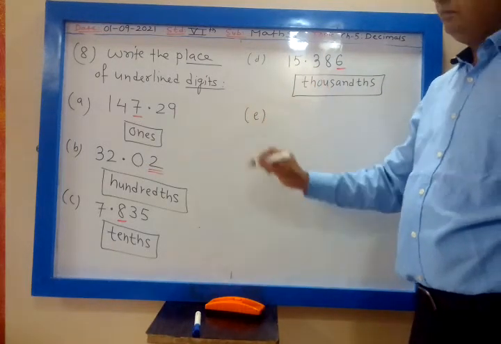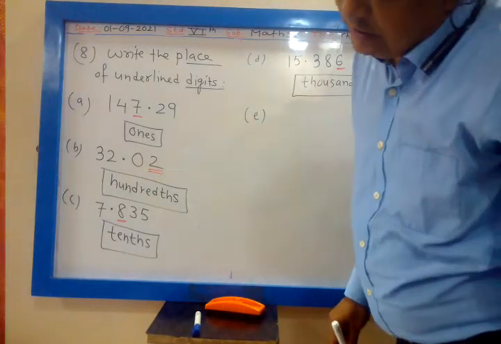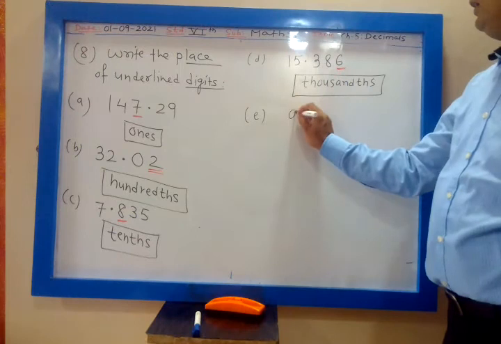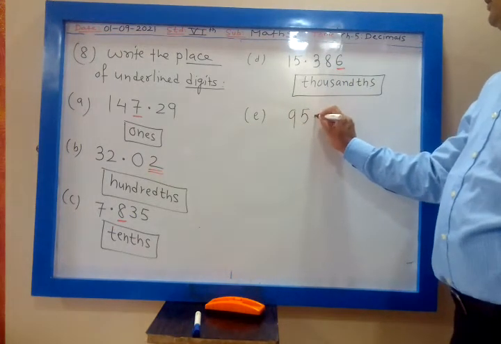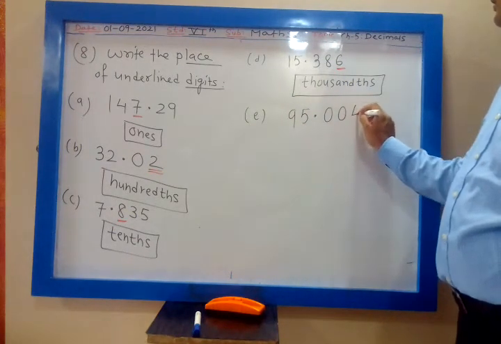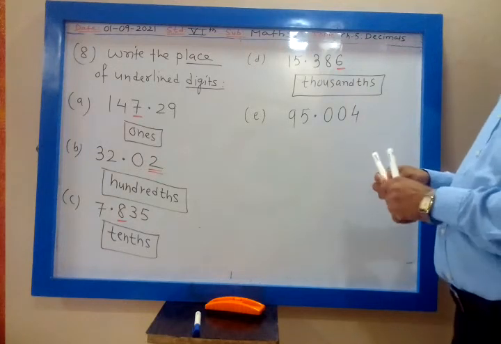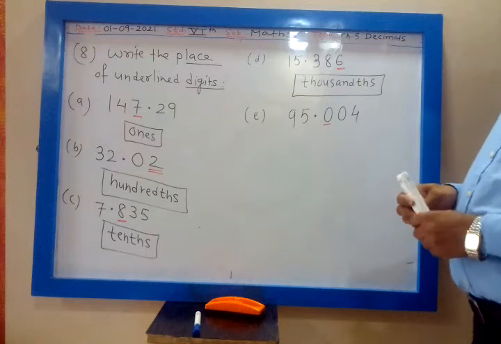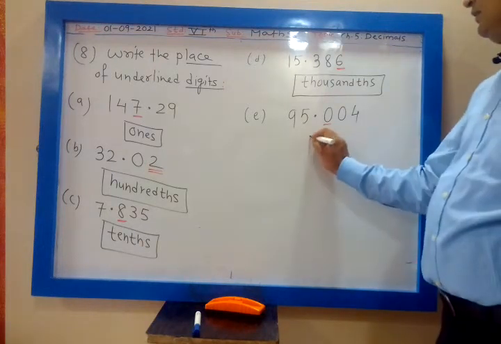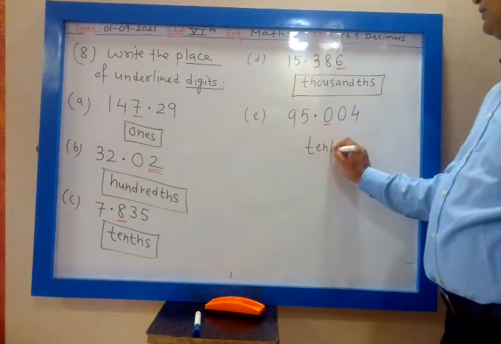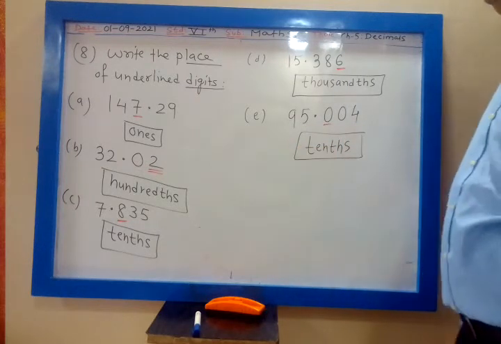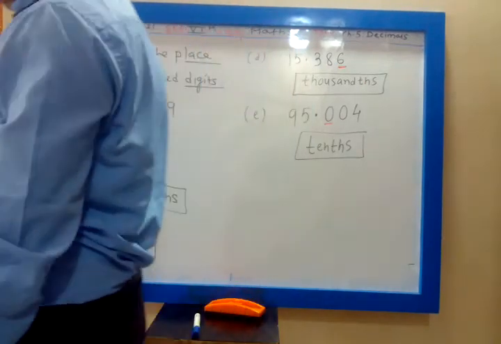Then E: 95.004, and this 4 is underlined. What is the place? Tenths. Yes, very good. So this is the place of the underlined digit.